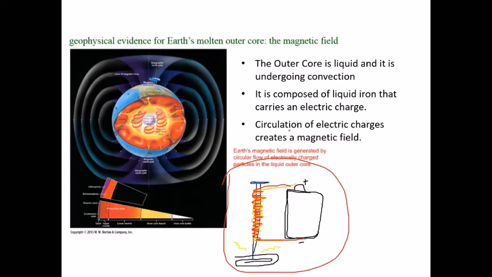I don't want to get into all the electron configurations, but suffice it to say, I think you all realize that magnets stick to iron, but they don't stick to aluminum or other things, right? So it's a magnetically active metal, and it has to do with its electrical charge. So you can think of the outer core as one of these big electromagnets, and it generates a huge magnetic field.